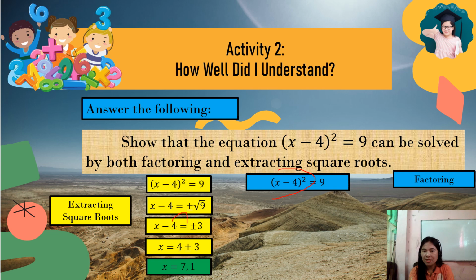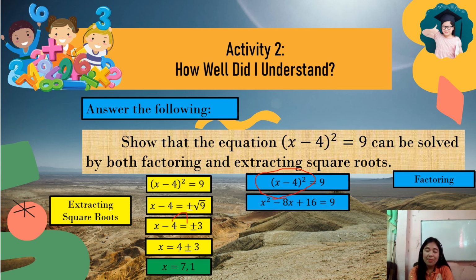First, you can't factor it right away because the very first thing you do when factoring is set it into standard form. How do you set it into standard form? It still has an operation. So you'll be using either the FOIL method or the distributive property. And you should come up with x squared minus 8x plus 16 equals 9.